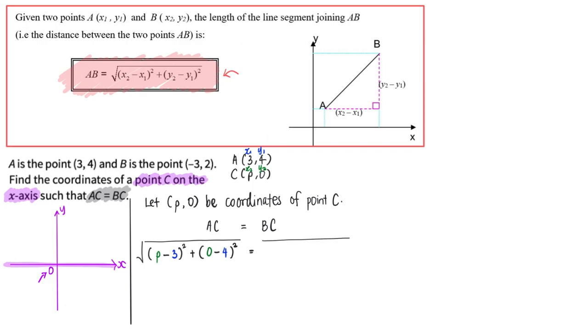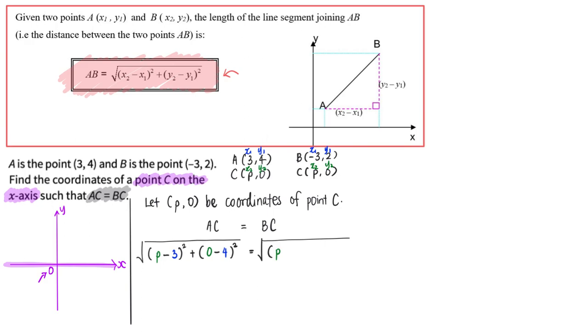So on the other end, my point B is negative 3, 2. Again, I have my C. So if I were to apply the formula again, then this is what you will see.